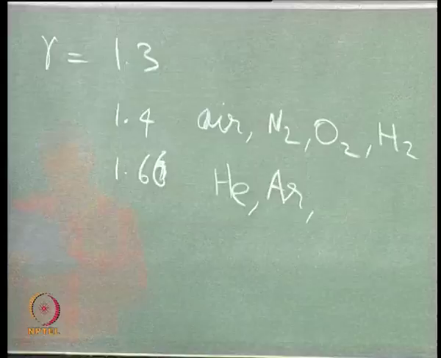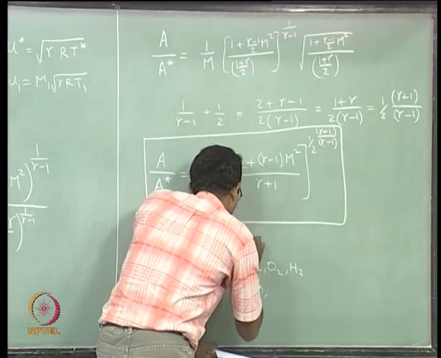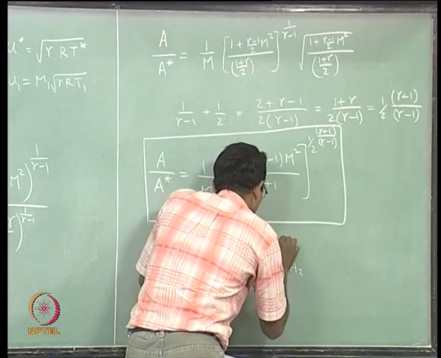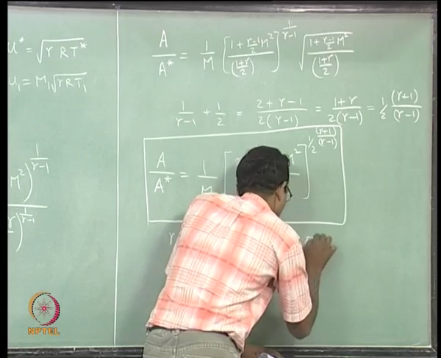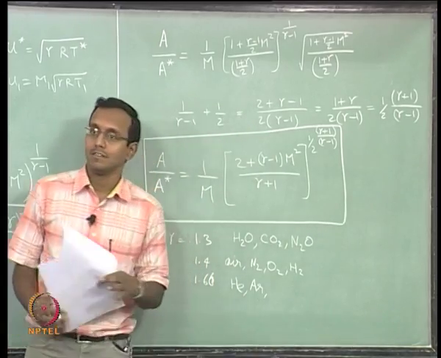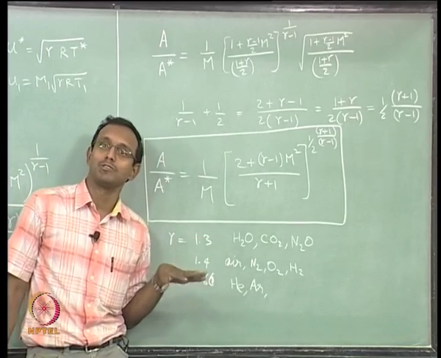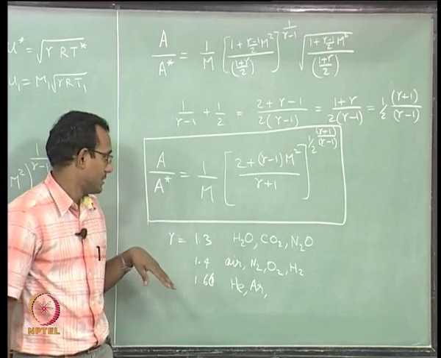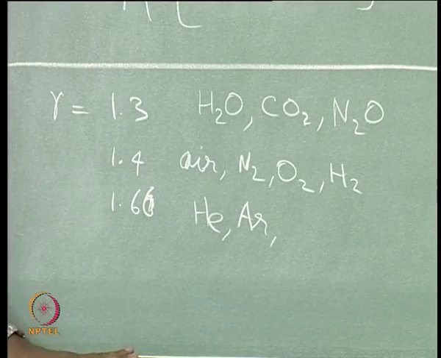If I have slightly more complex molecules, say H2O, CO2, N2O, etc., then they will not be exactly 1.3, but they will be close to 1.3. Say for H2O I think it is 1.31, while CO2 is something like 1.29.